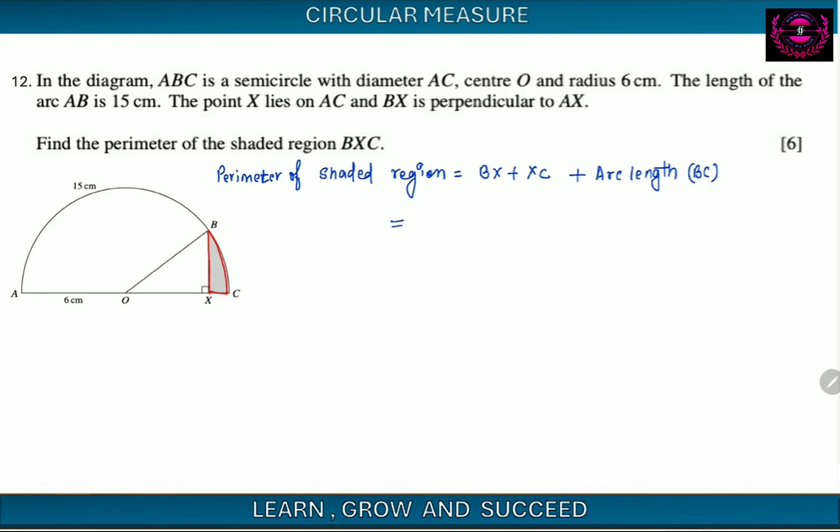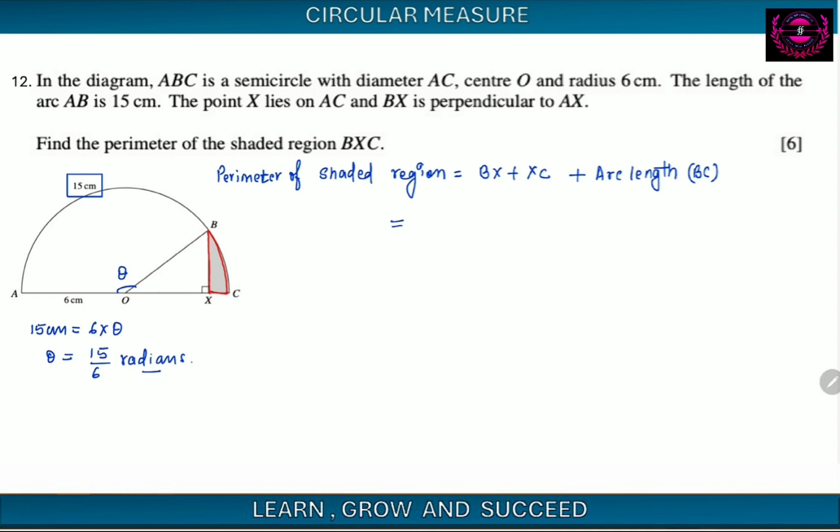So we have to find all these lengths. Look, we are given arc length as 15 centimeter. So using this, 15 centimeter equals to r theta, which is 6 into theta. Let's say this is theta.